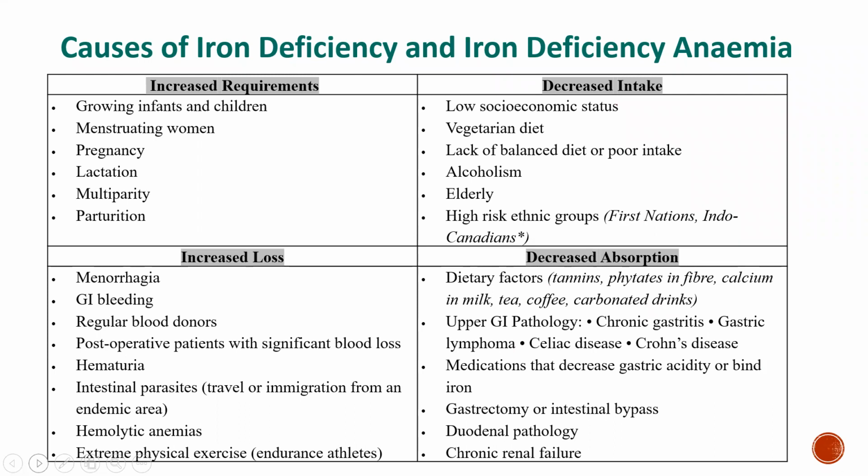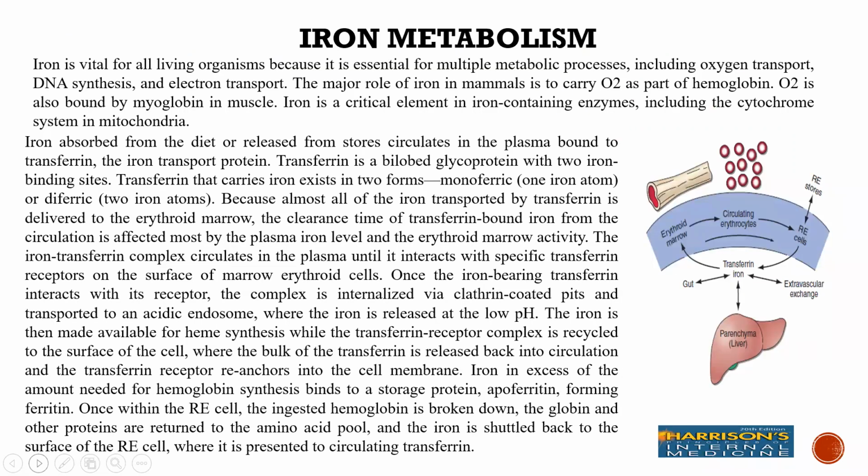The second one is decreased intake due to socioeconomic status, vegetarian diet, alcohol, elderly or ethnic groups. The third one is increased loss of iron in case of menorrhagia, GI bleeding, blood donation, hemolytic anemia, or extreme physical exertion. And the last one is decreased absorption due to dietary factors, gastrointestinal pathology, medication with decreased gastric acidity, duodenal pathology, or chronic renal failure.